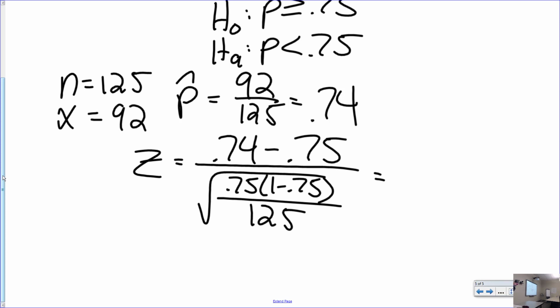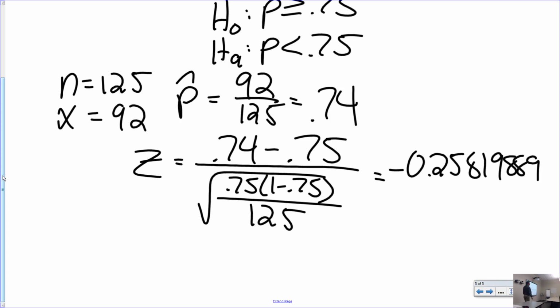Negative 0.01 divided by the square root of 0.75 times 0.25 divided by 125. Huh, that's weird. What did you get? I got 0.25819888 blah blah blah. Negative, right?